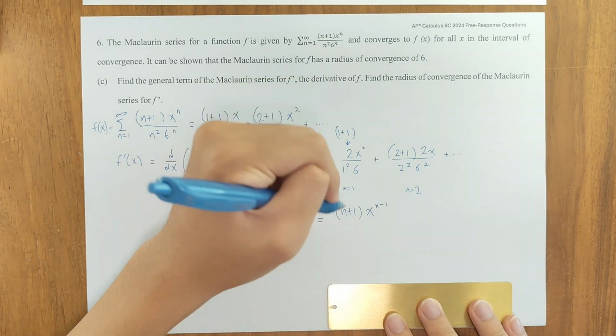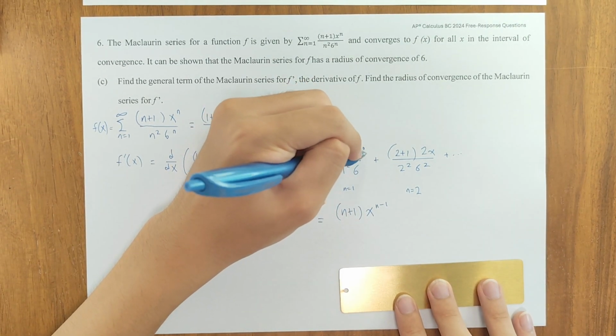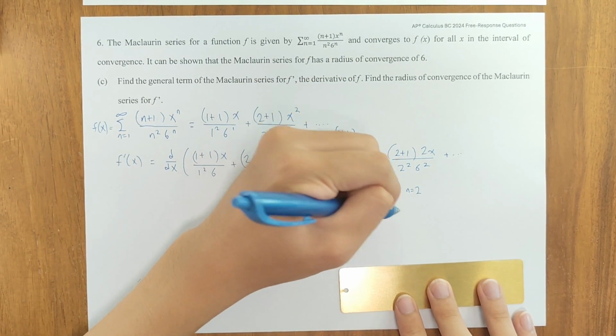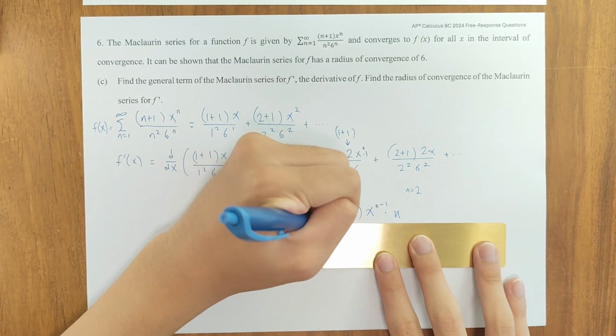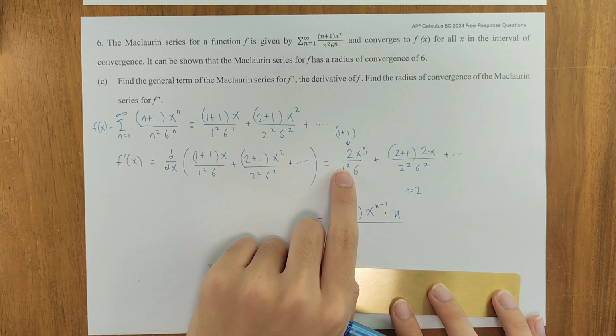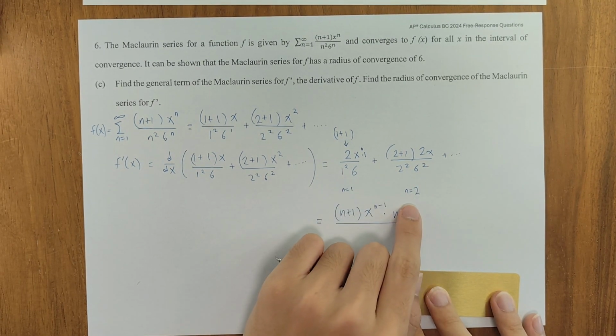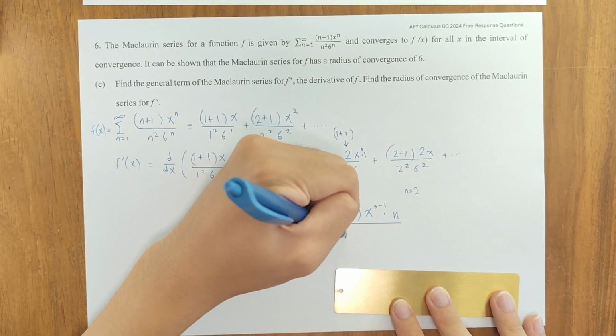N minus 1, x to the n minus 1. Then 1 squared and 2 squared are changing, so it is n squared.